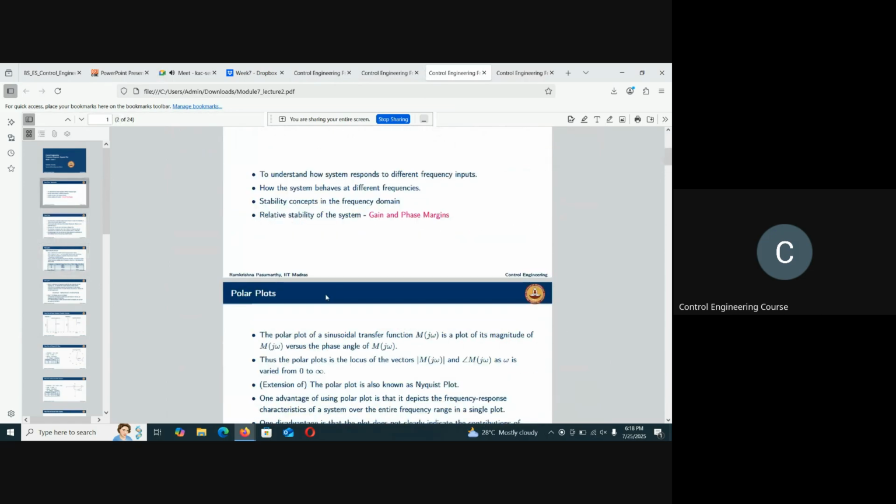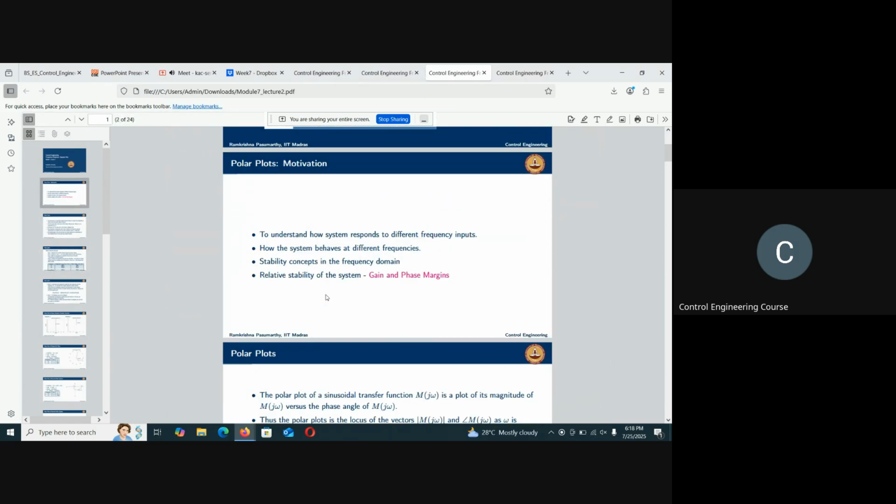So week 2, so far we have plotted the magnitude and phase separately as functions of frequency, correct? On the x-axis we have frequency in log scale, and on the y-axis we have either phase in degrees or magnitude response in decibels.